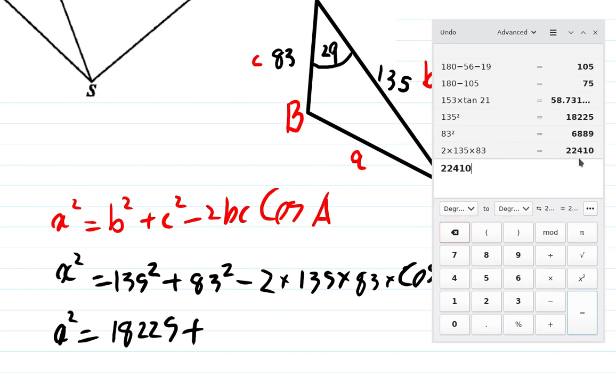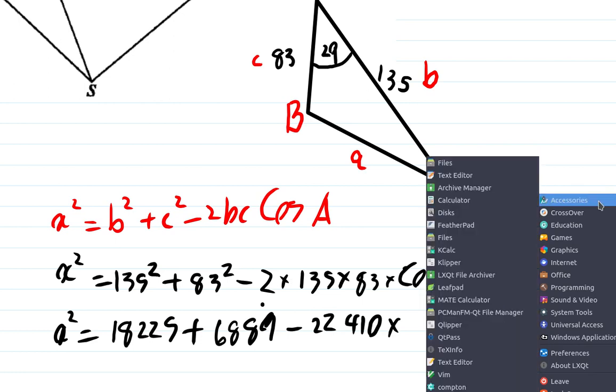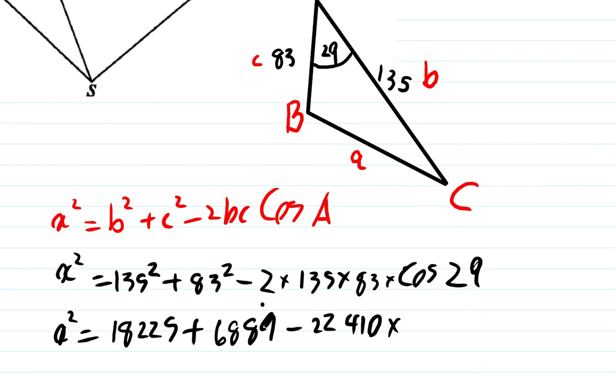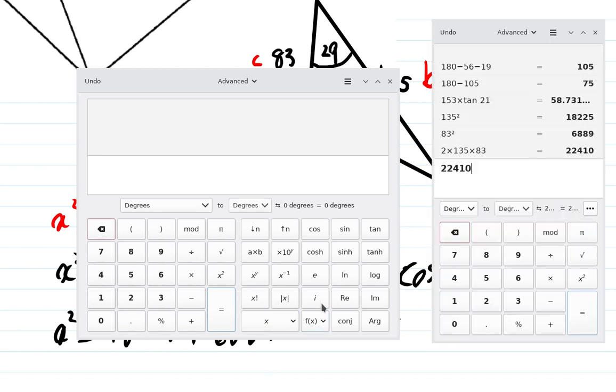So these are 6889 and 22,410, times the cosine of 29 now.